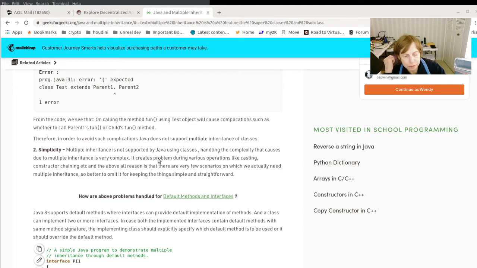And in the case of D, which inherits from, now in this case, D has its own method, so it calls its method. It doesn't have to worry about the others. But let's say it didn't have one, now this is Python, by the way.